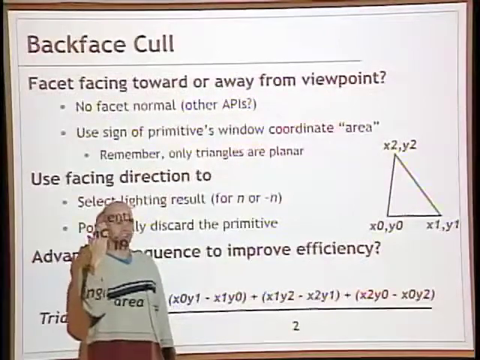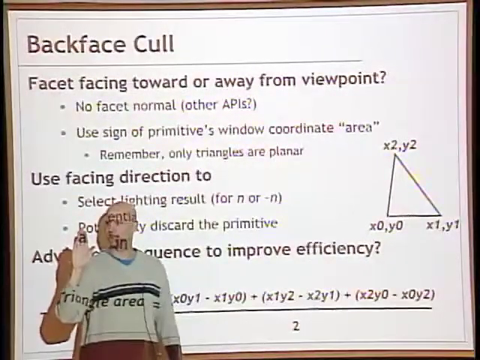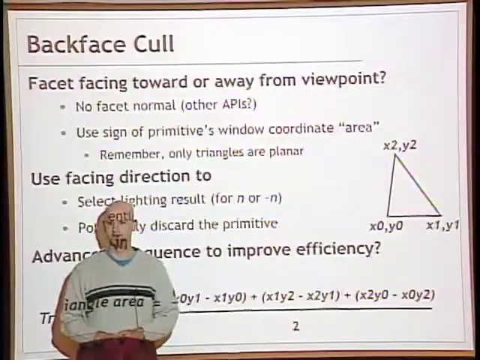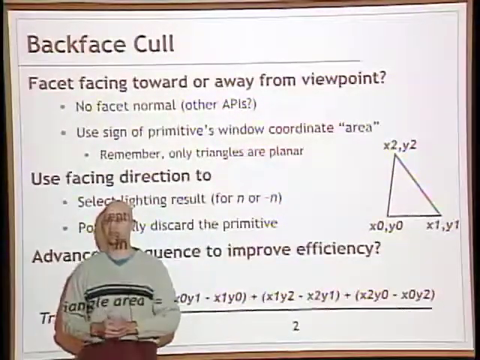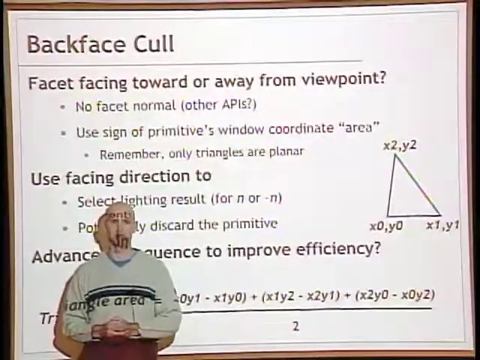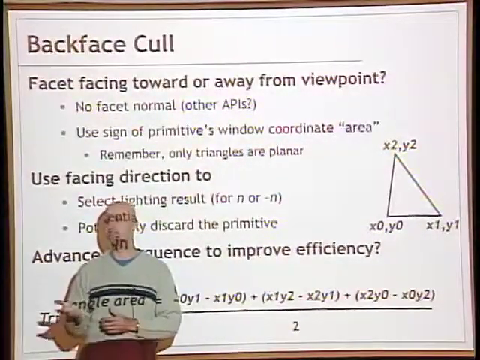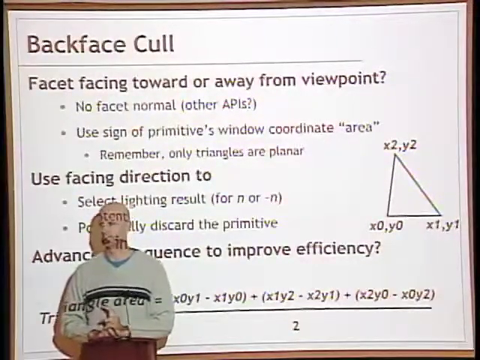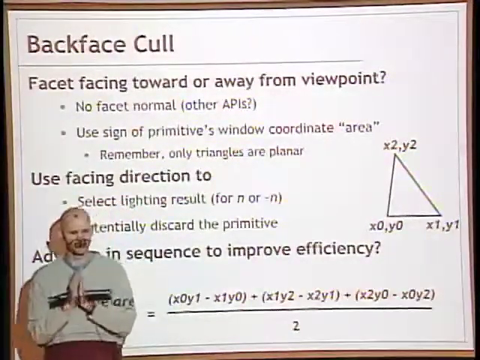Positive faces toward the camera. Negative faces away from the camera. 0 is head on. So should you throw away 0? Well, you probably throw it away because it doesn't have any area. Drawing a line is probably the wrong thing to do, actually. You do want to throw that away.